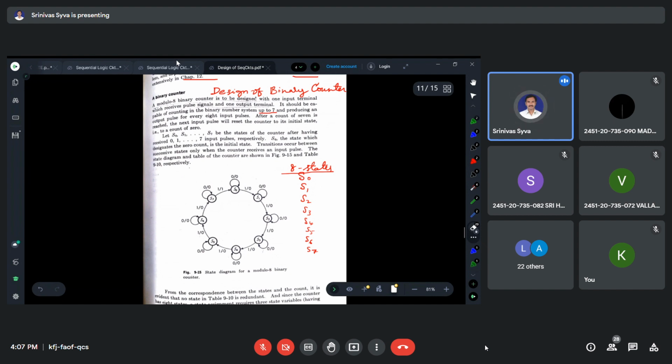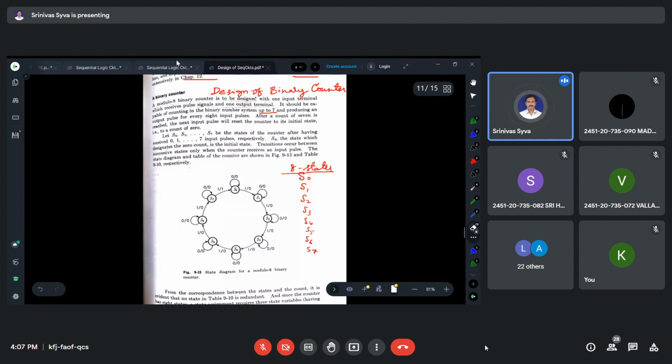So this machine is capable of counting in the binary number system up to 7 and producing an output pulse for every 8 input pulses. After 8 events, the output will indicate that 8 events were completed or 8 pulses were received.